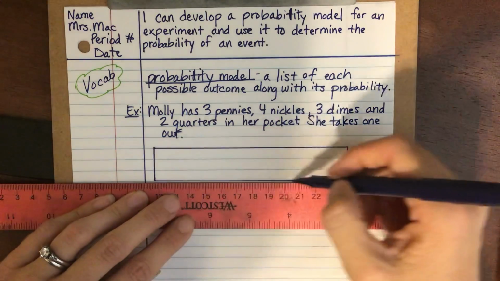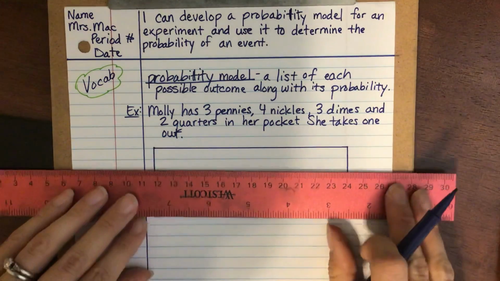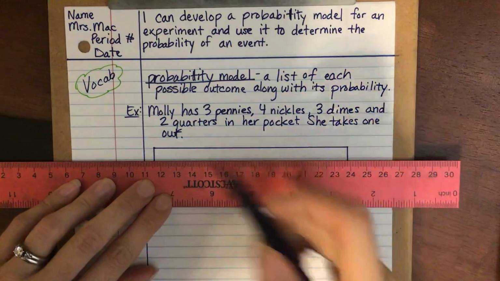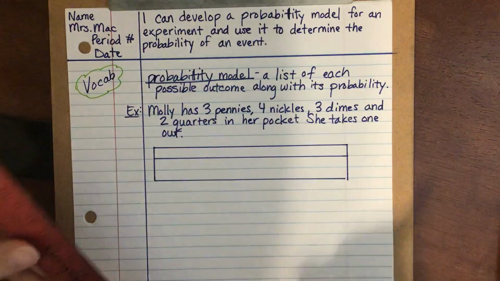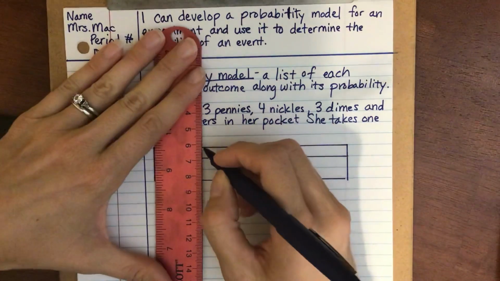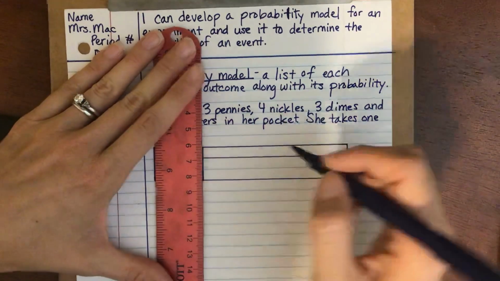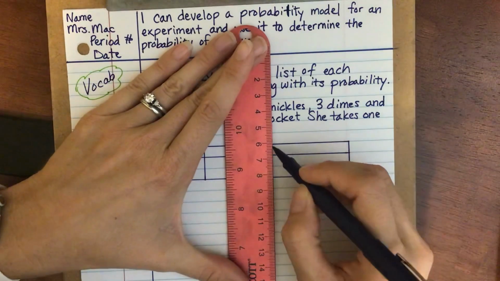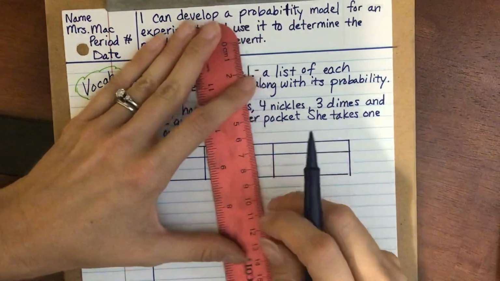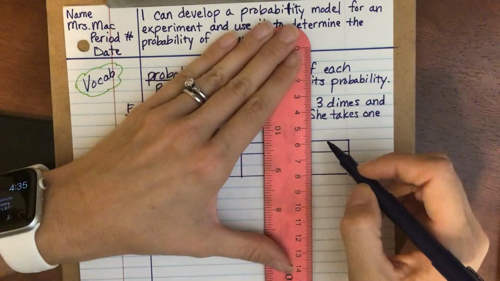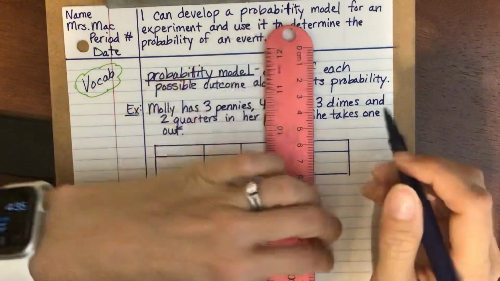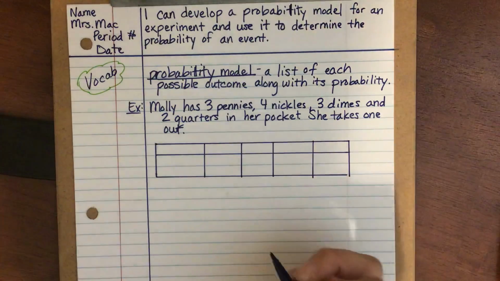I just happen to be a bit of a perfectionist. Okay, so we're going to have outcome and probability here. And then I'm going to divide this part into 4 equal spaces. So we have one for penny, nickel, dime, and quarter. Well, kind of equal spaces, not exactly equal, but that's okay.